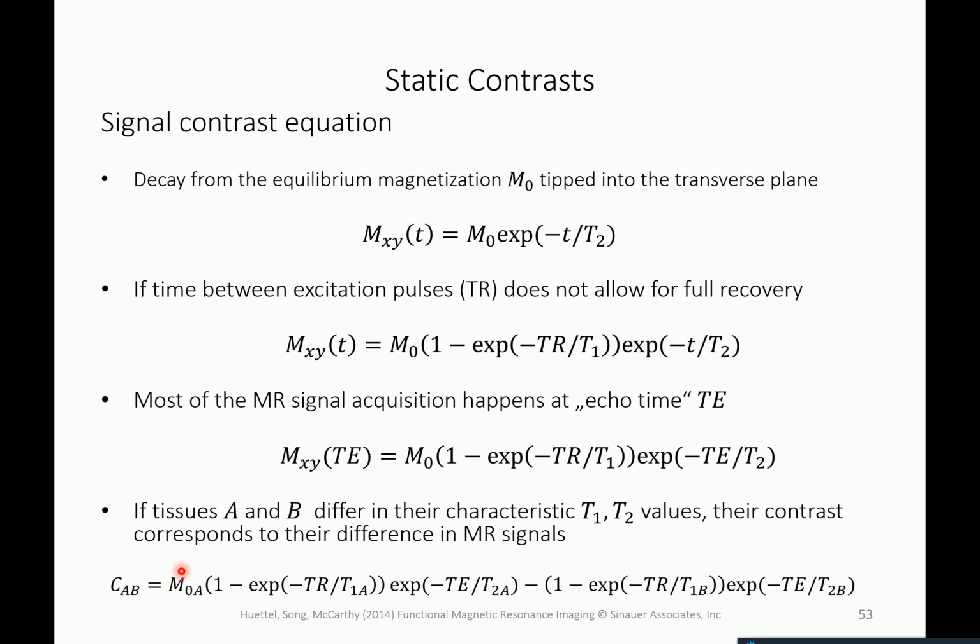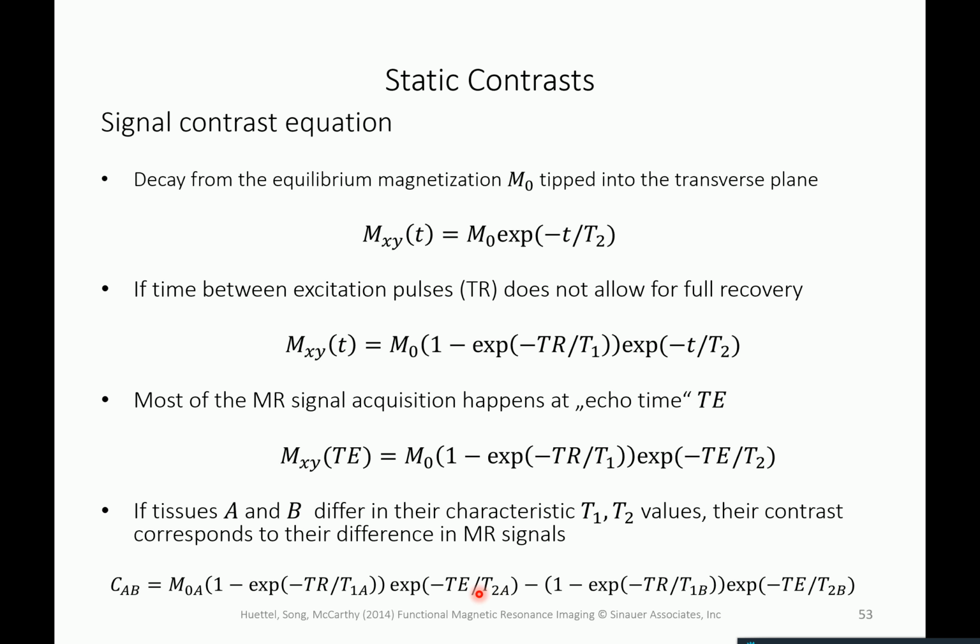If you now imagine that you have 2 tissue types, then one tissue type might have M0, so net magnetization at equilibrium, of M0A, and the other one, which is missing here, of M0B. Again, you can also see this is then 1, and this is the difference with respect to the other one. You have for these 2 tissue types also specific time constants, T1 and T2.